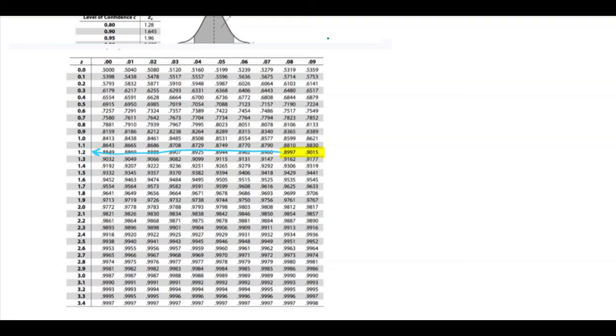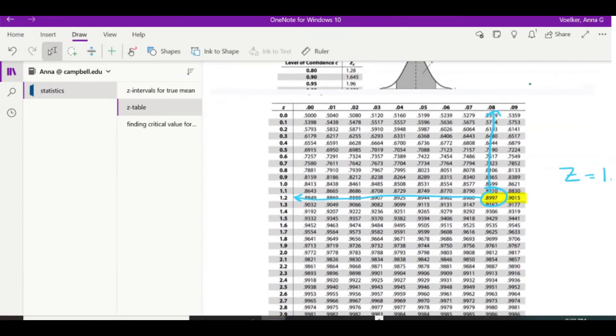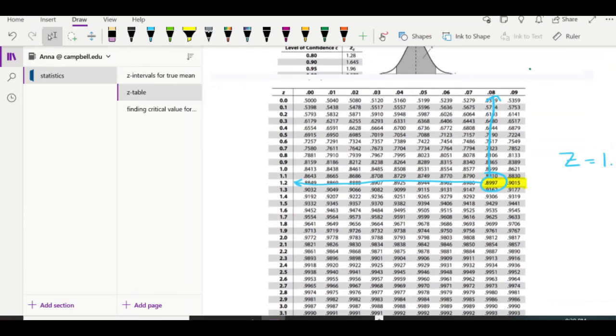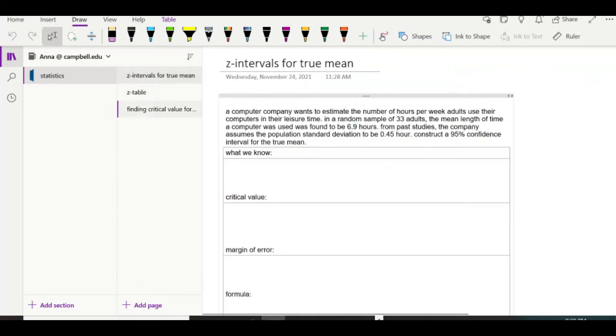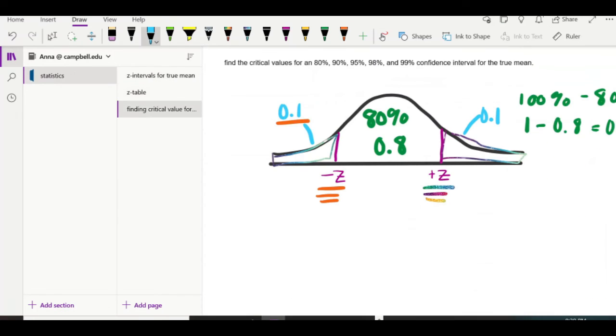At 1.2, 0.08. I did not circle this. Okay, so then we see that our z is going to be equal to 1.28, which confirms that. So now we're going to go back to our diagram, and we're going to put in our z-scores.